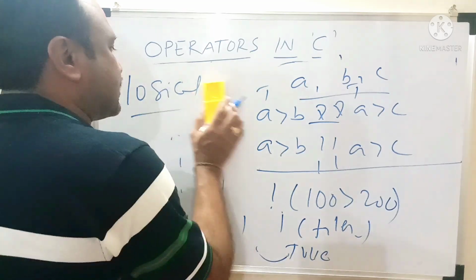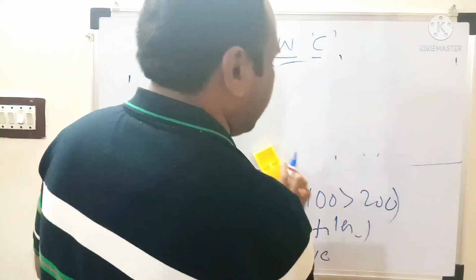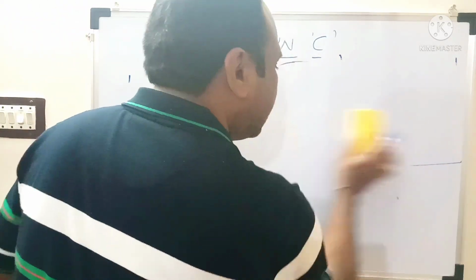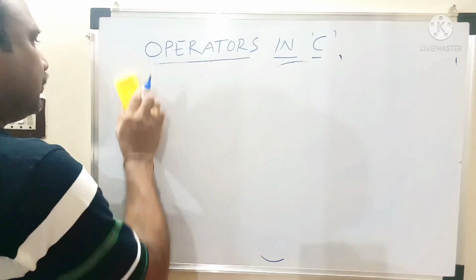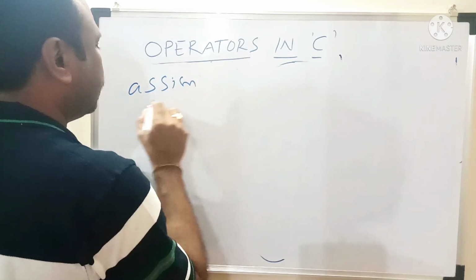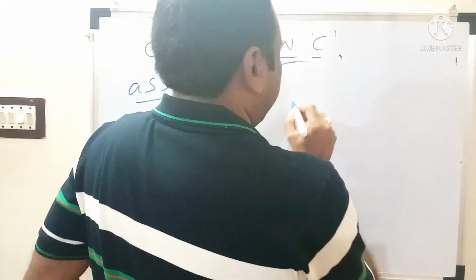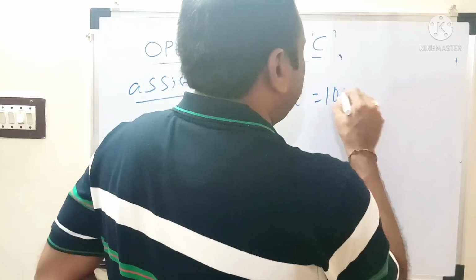Next one, assignment operators. A equal to 100. What is the meaning of this?